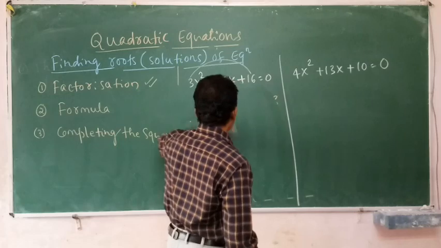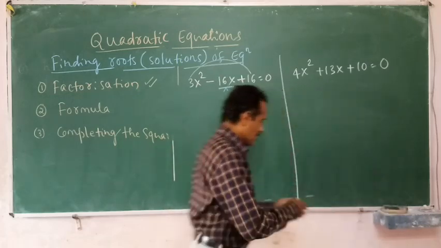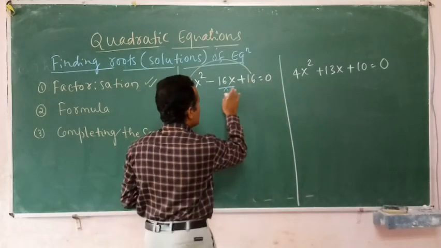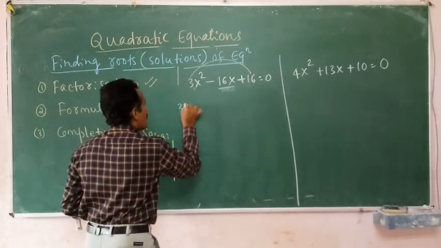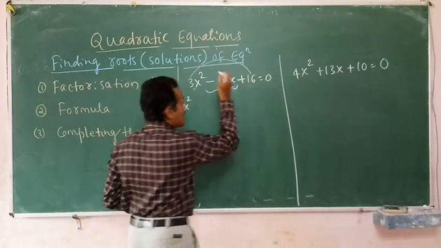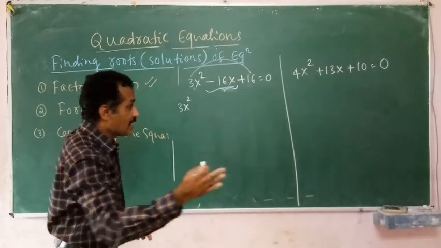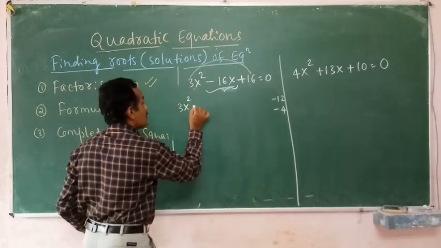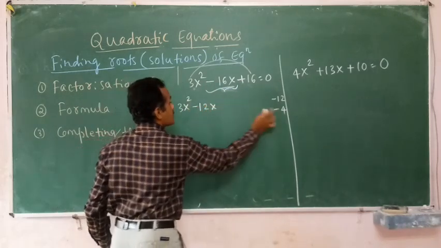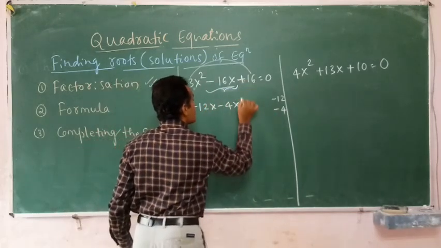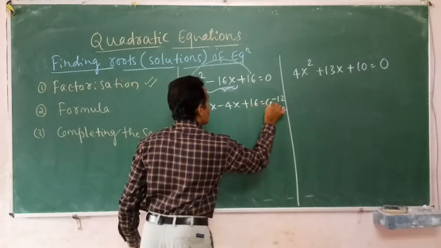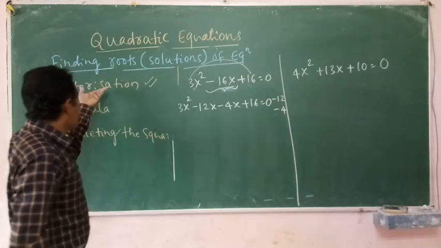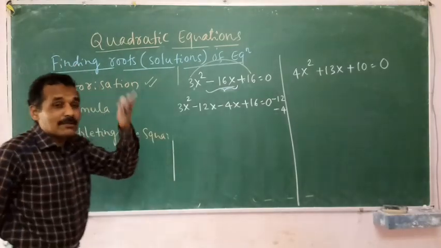Now I understand the middle terms are minus 12 and minus 4. Now I will start. See how to write. The first and last term I will not change anything. 3x square. Now the 16x has to be split into minus 12 and minus 4. I will write here: 3x square minus 12x minus 4x plus 16 is equal to 0. My dear children, the heading of the question is factorization, meaning splitting the middle term.